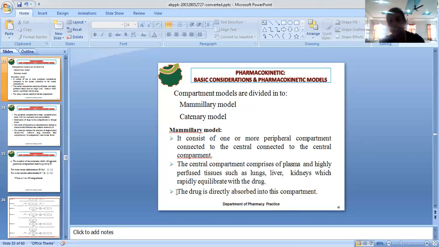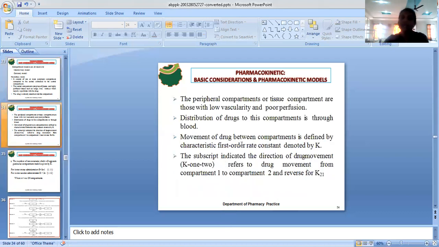That's why the central compartment comprises the plasma and highly perfused tissue. The drug is directly distributed into this compartment. And what is the peripheral compartment composed of?